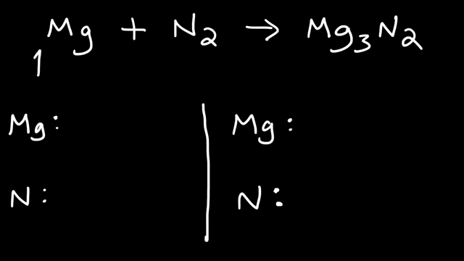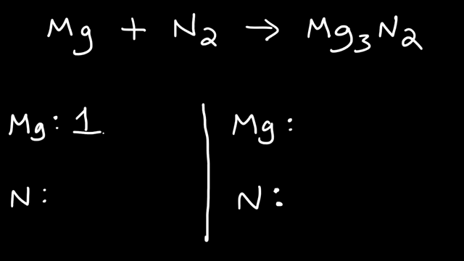If you don't see a number here, then the coefficient is 1. And also, if you don't see a small number here, the subscript is assumed to be 1. So what you do is you multiply these two numbers. 1 times 1 gives you 1. But intuitively, if you don't see anything, you know that you have one magnesium atom on the left side.